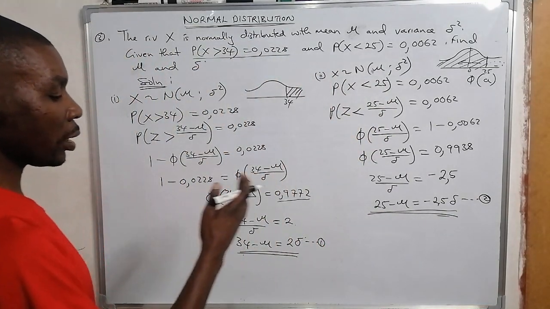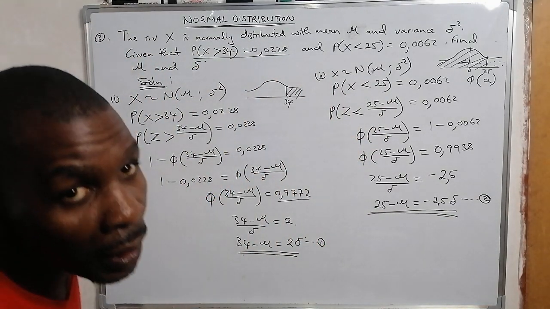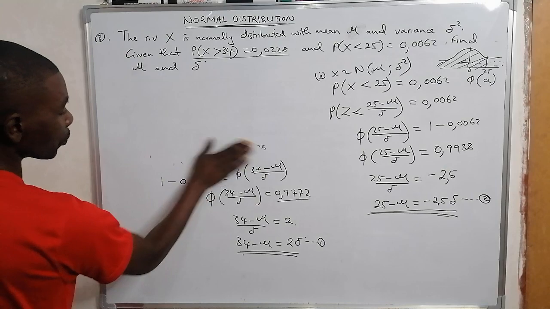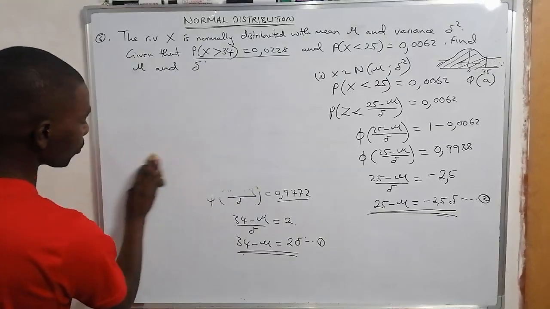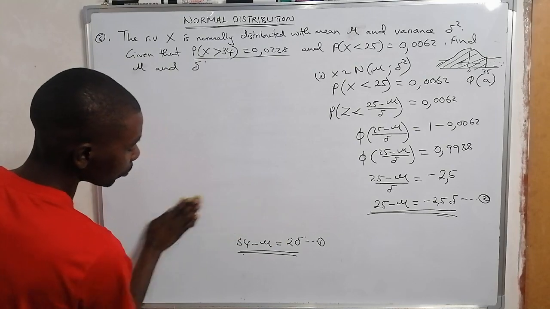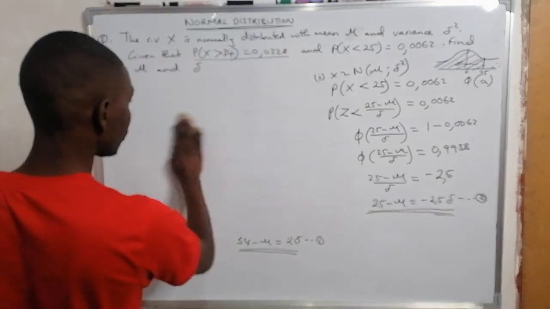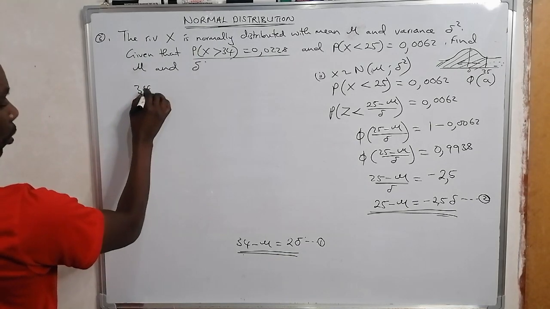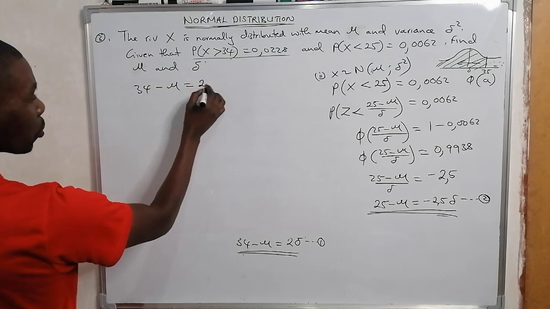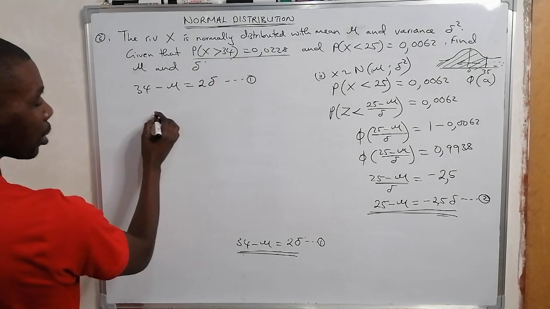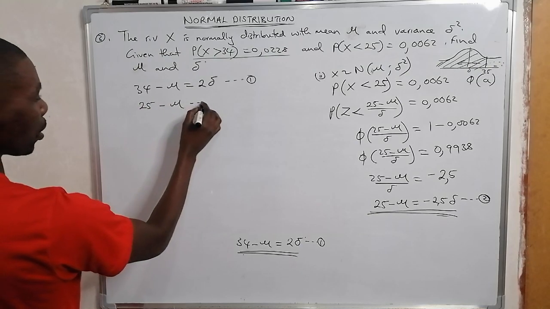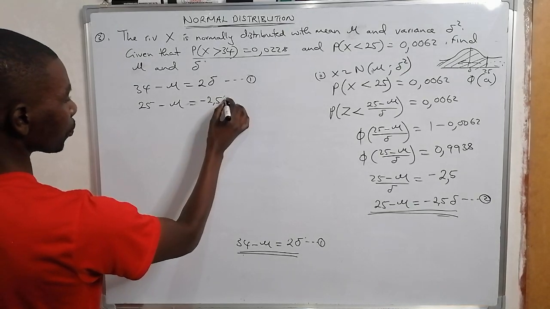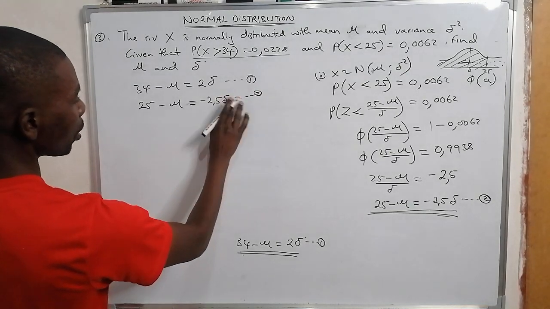Now we solve equation 1 and equation 2 simultaneously to find our mean and standard deviation. Now we have our first equation, 34 minus mu equals 2 sigma. Then we have 25 minus mu equals -2.5 sigma, equation number 2, right?